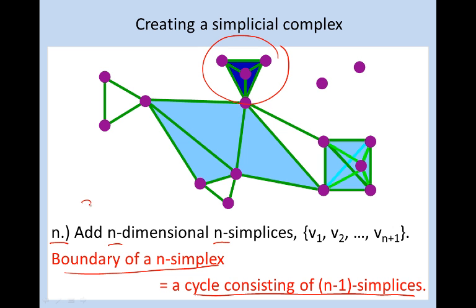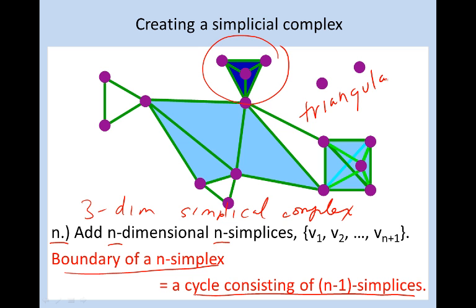So we have a 3-dimensional simplicial complex. This partitioning of an object into 0 simplices, 1 simplices, 2 simplices, etc. is called a triangulation. An object that has a triangulation is called a simplicial complex.